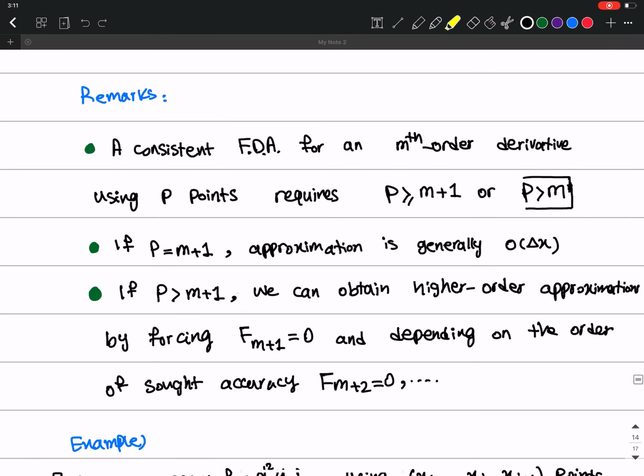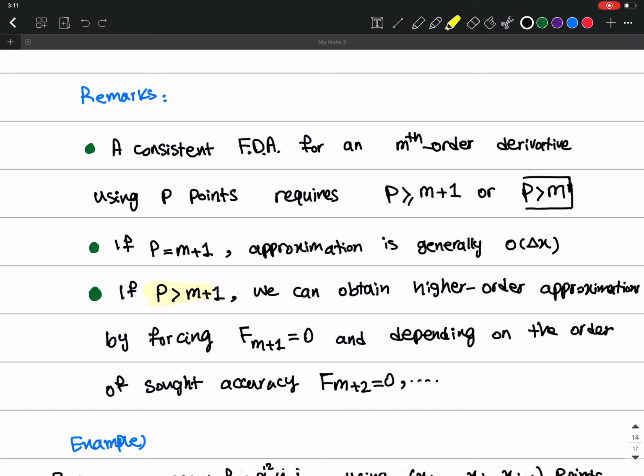Then we said if your number of points is exactly one more than the order of the derivative, then your approximation is generally order delta x, unless you have a central difference scheme, in which case it can go higher, to order delta x squared.